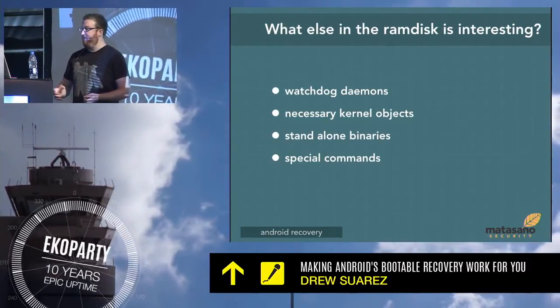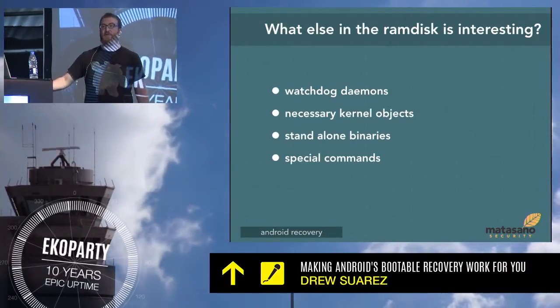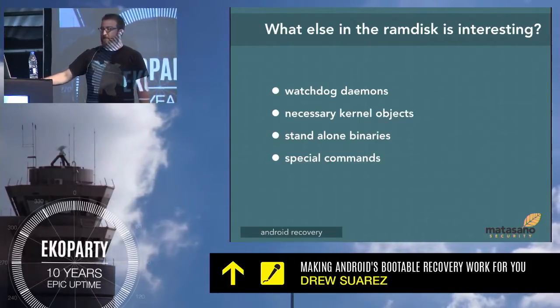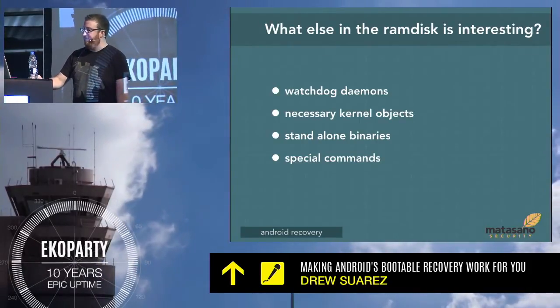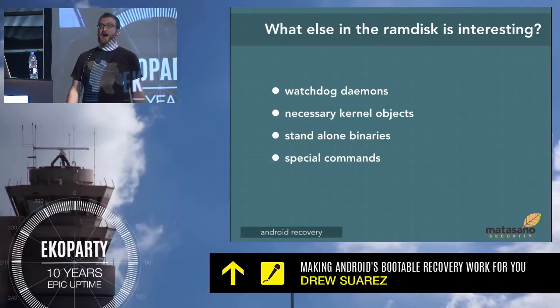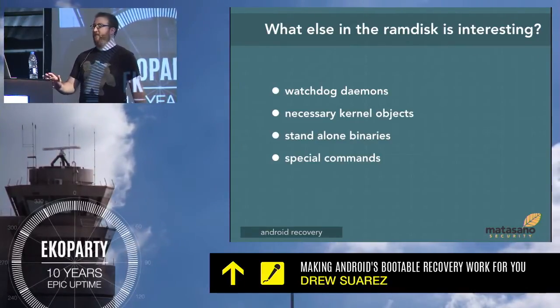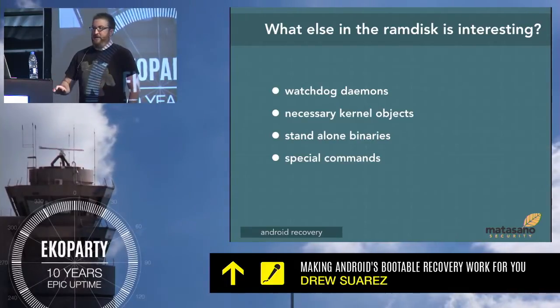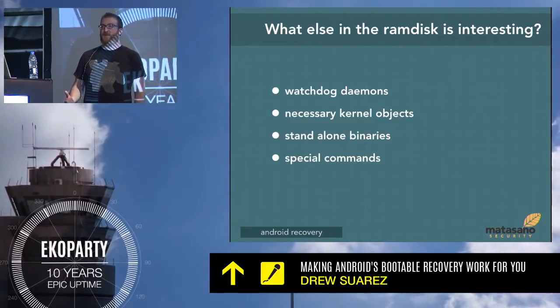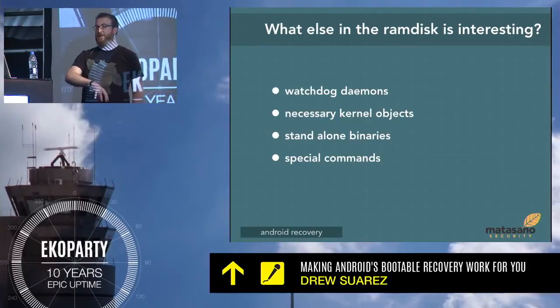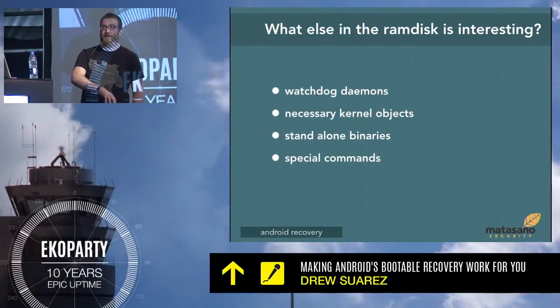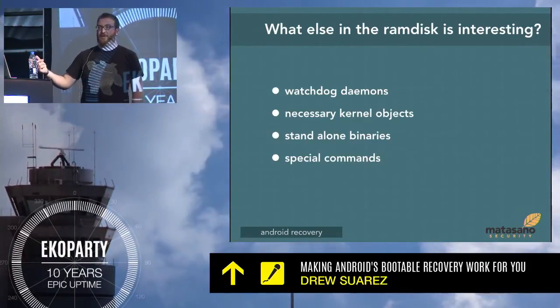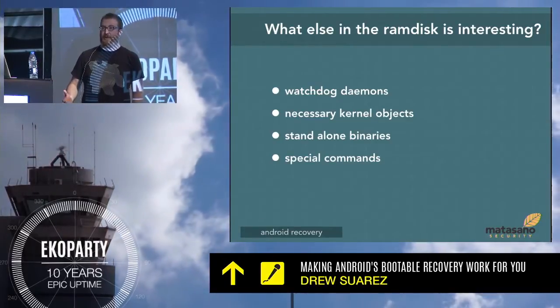Other times you'll find necessary kernel objects in here. The most famous of this is probably a chip maker called Rockchip, and they just make insane decisions when they're building Android devices. They decided to try and write their own flash translation layer to run ext4 on top of an MTD flash device. And so without these kernel objects, you can't even mount storage, period, in recovery.